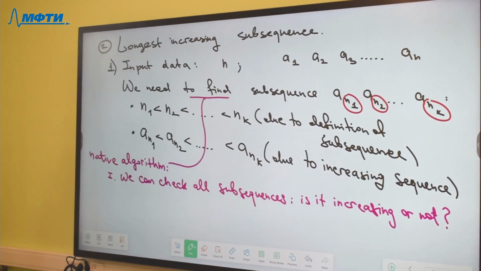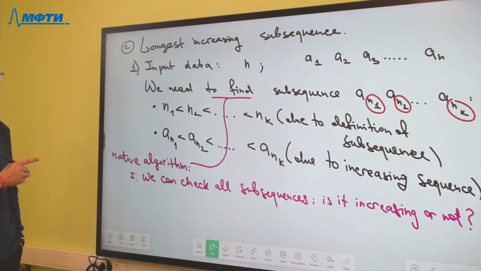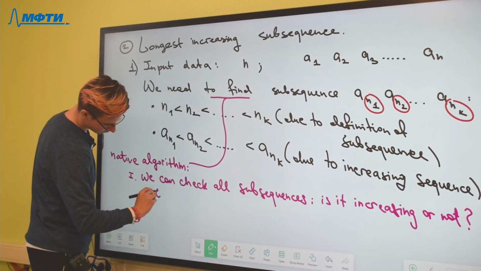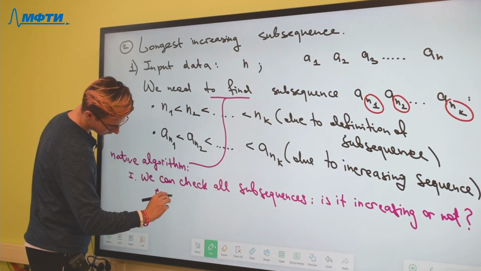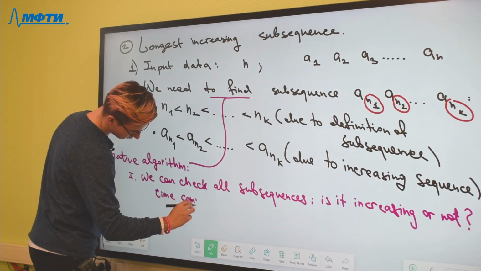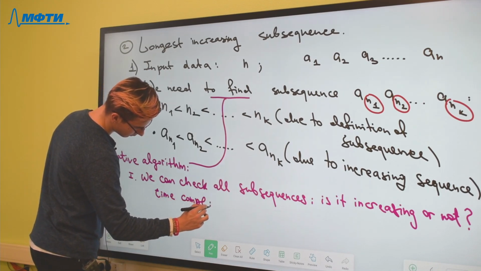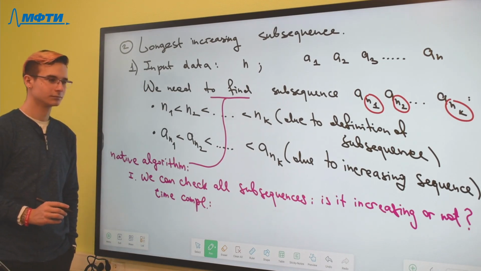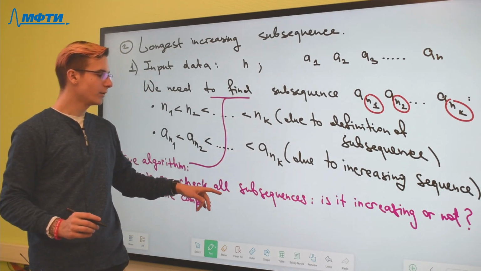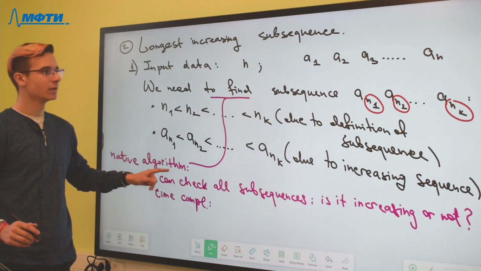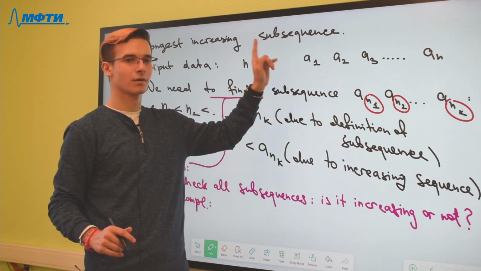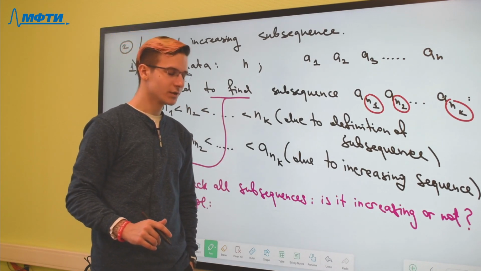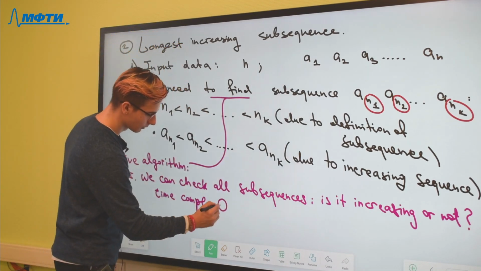So, what is the time complexity of this solution? How many subsequences are in this sequence? 2 to the power n, yeah.